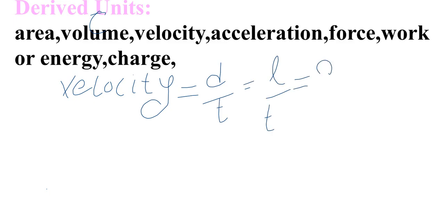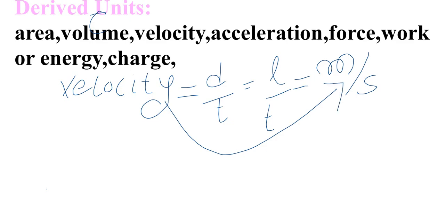What is the unit for time? Second. So what is the unit of velocity? Meter per second. Velocity is the combination of the fundamental units meter and second. So velocity is also a derived unit. It is the combination of meter and second.